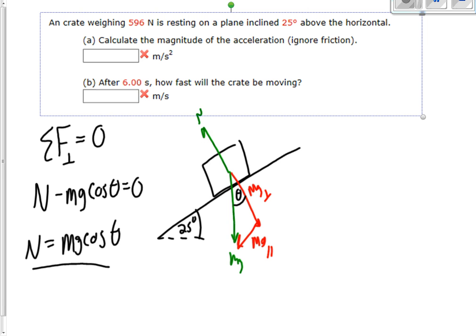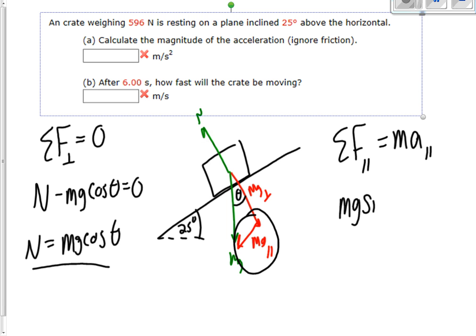Over here, though, the sum of the forces acting along the direction of the ramp are going to equal mass times acceleration down the ramp. So we only have one force, right? The only force that's pulling this thing down the ramp is the weight component that is down the ramp. So mg sine theta has to equal mass times acceleration down the ramp.